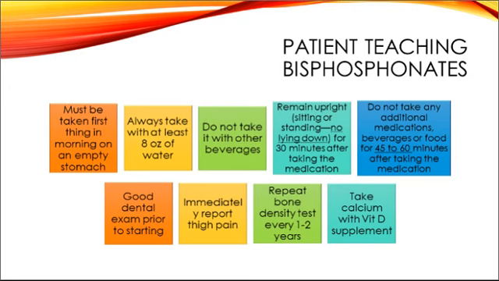That's why immediately reporting thigh pain is important, because the risk with bisphosphonates is an increased risk of stress fractures. Atypical femoral fractures are the most apparent, like the thigh and the hip. So that's why they're reporting the thigh pain. They're to repeat bone densities every 1 to 2 years, taking them off the bisphosphonate as soon as possible. Taking calcium and vitamin D supplements too.